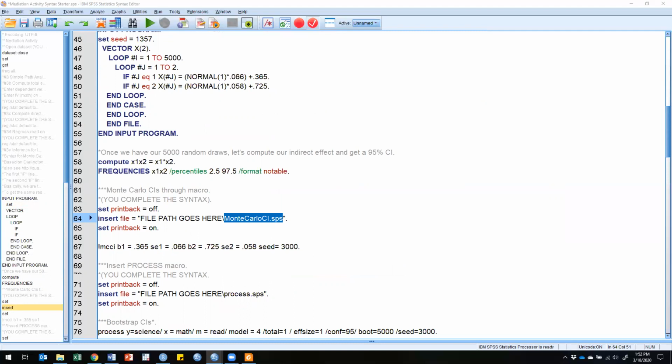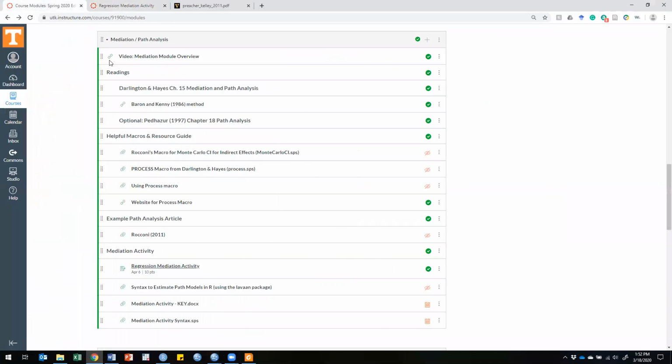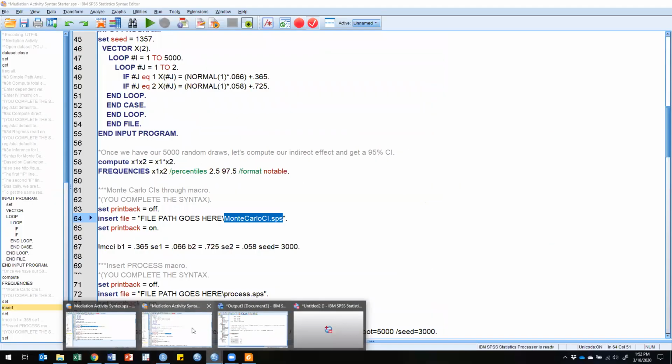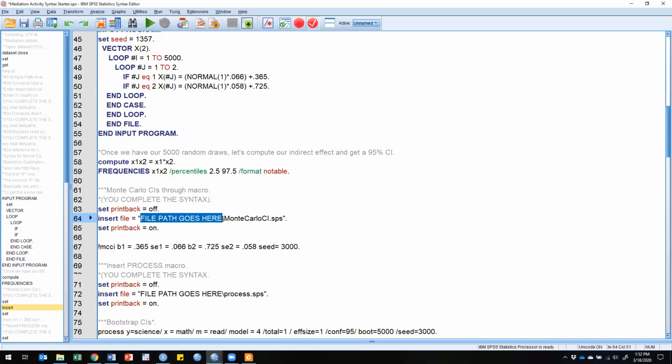You can download it; I have this available on the Canvas site. Here you can download my macro. There's my file path where I have my macro saved. And you would just call the macro. Here's the name of the macro, Monte Carlo confidence interval, MCCI.